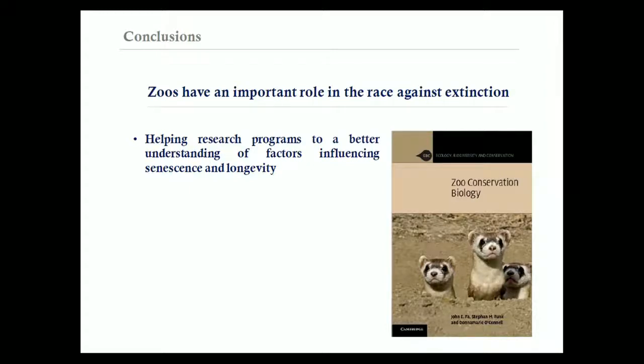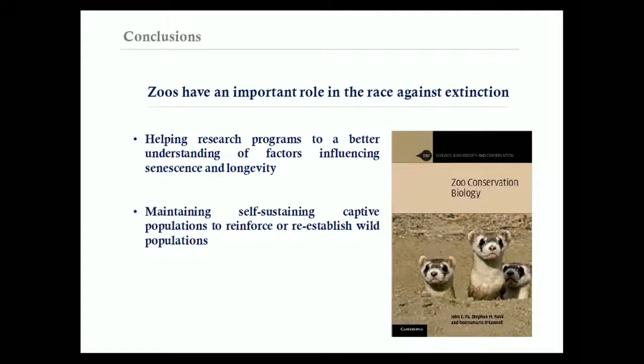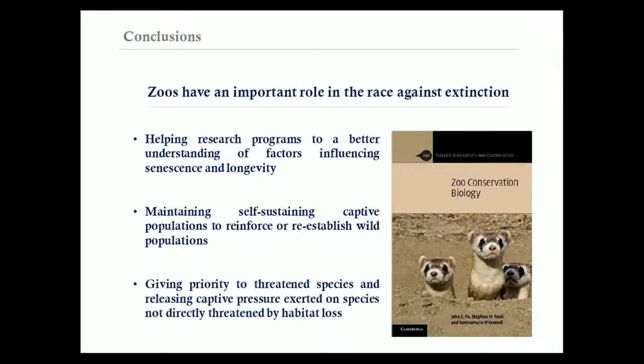For instance, helping research programs for a better understanding of factors influencing survival, senescence, and longevity of threatened species, and then maybe improve conservation programs. They can also help maintain self-sustaining populations to reinforce and reestablish wild populations. And finally, they can help give priority to threatened species and release captive pressure exerted on species not directly threatened by habitat loss, such as marine mammals.